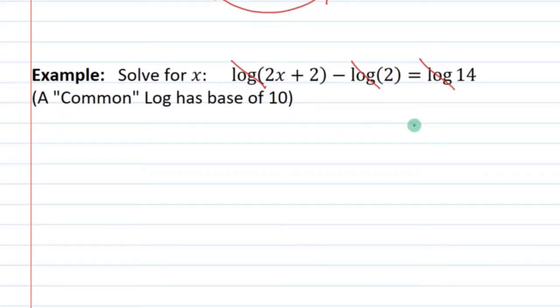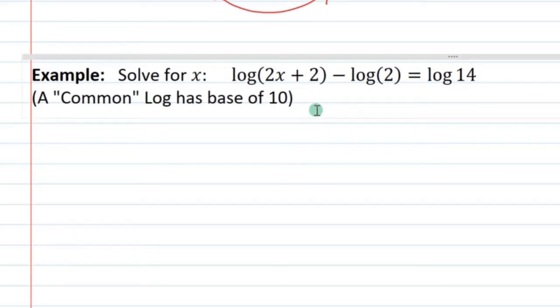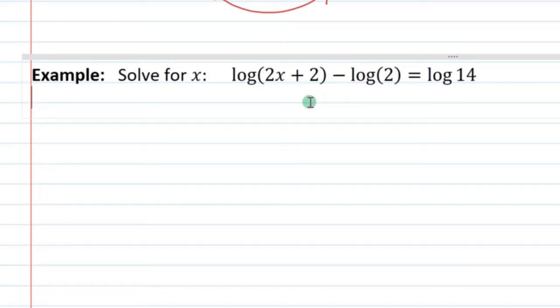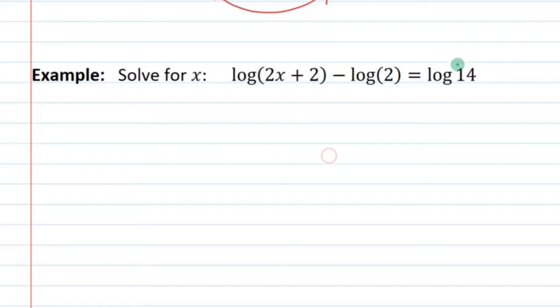So what's the property here? Well, we have subtraction, and subtraction means that we can use the quotient property right up here. So we can rewrite this thing as a single log, where the first thing before the minus is on top, and the second thing after the minus is on the bottom.